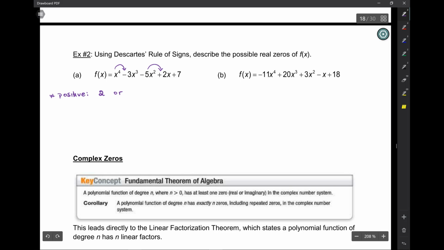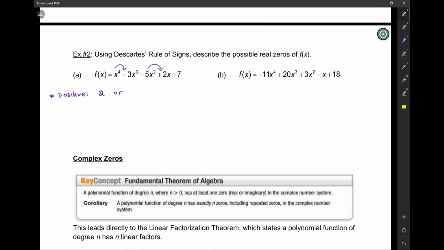Or, now here's Descartes' rule. Whatever number you extract from here, you have to, from that number, keep subtracting 2's. Why 2's? We really don't care. You keep subtracting 2's until you can no longer subtract a 2.